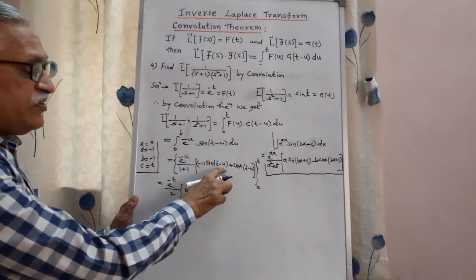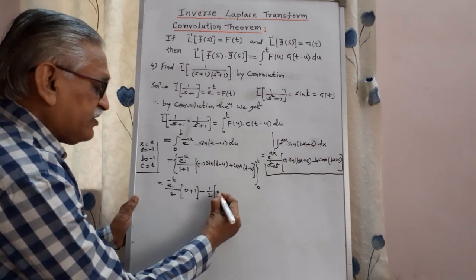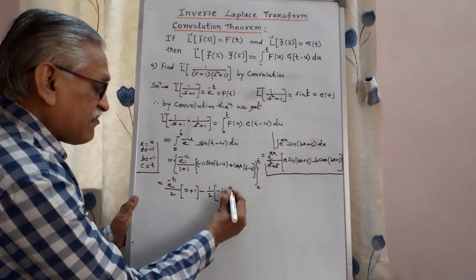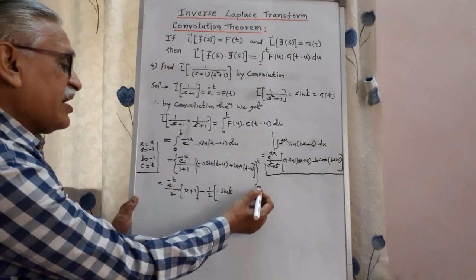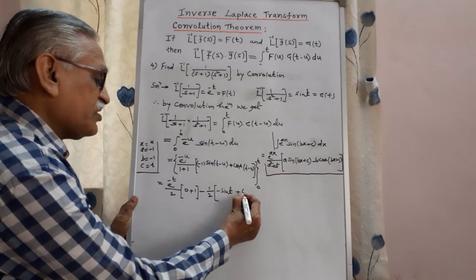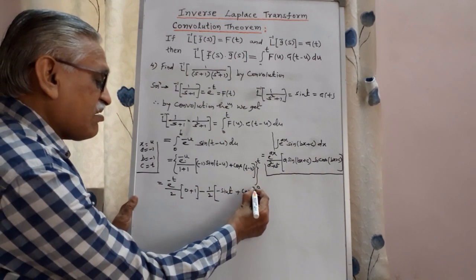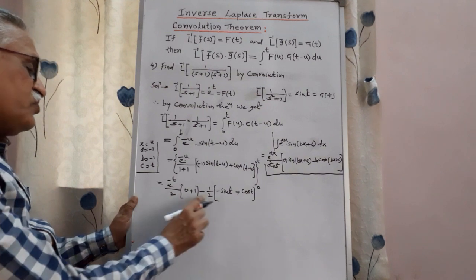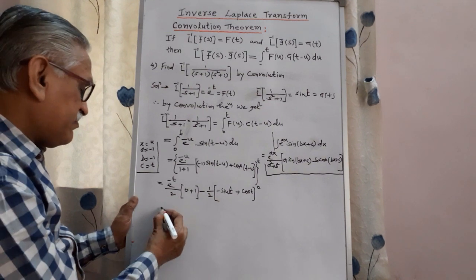Substitute the value of u as 0 here, we get minus sine t. Okay, and u as 0 here we get cos t. And from these two terms I can take 1 by 2 common.